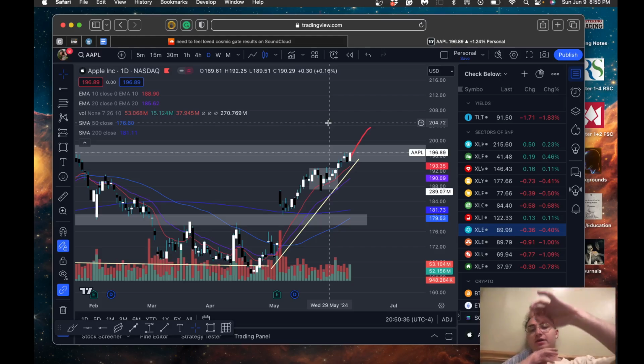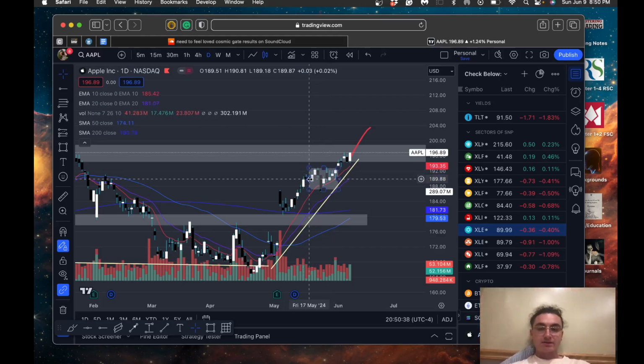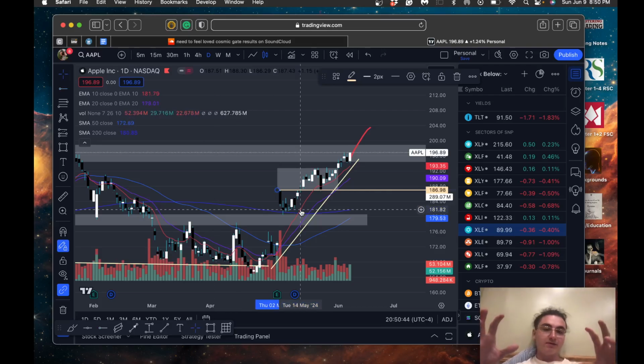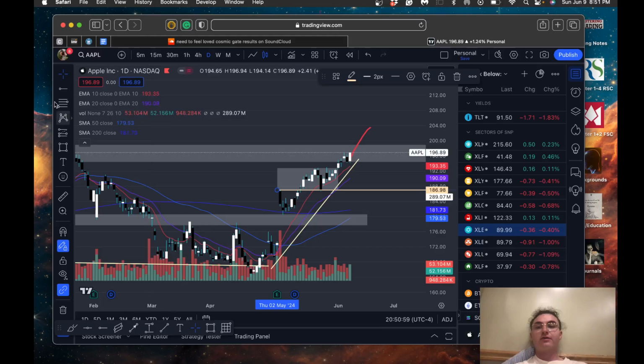Are we breaking out of supply? It's about combining these ideas and seeing where we are overall, then meshing them together. Again, seeing where we are with the sectors and relative strength, and putting all these ideas together.